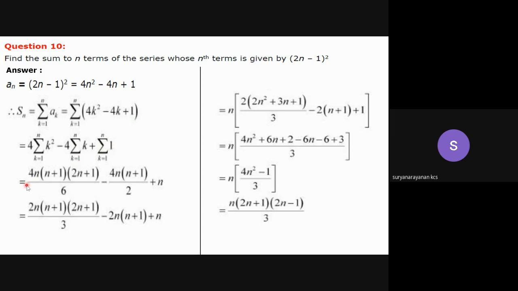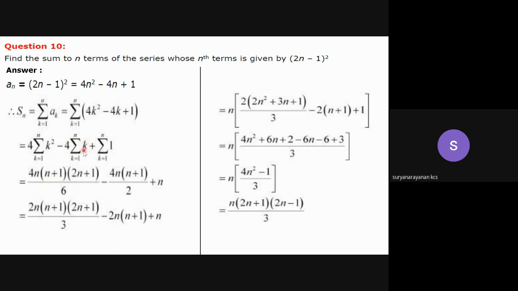Okay, my children, that is equal to 4 into, if we observe the first term, this sigma notation denotes just the sum of the squares of the first n natural numbers. What is the value of this sigma notation? Yes, n into n plus 1 into 2n plus 1 by 6, minus 4 into this sigma notation, which denotes the sum of the first n natural numbers.